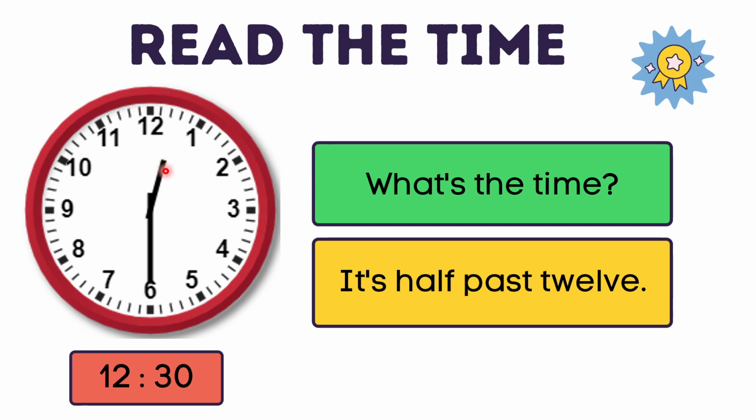It's 12:30 because the hour hand is located in between number 12 and number 1. Look, the hour hand is located between number 12 and number 1. So when the minute hand is at number 6, it means that it's 12:30.